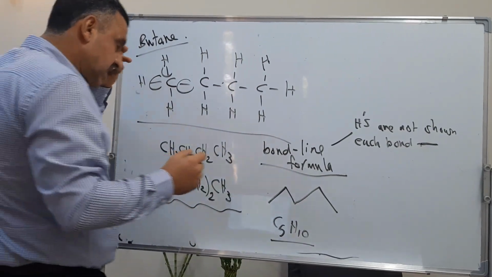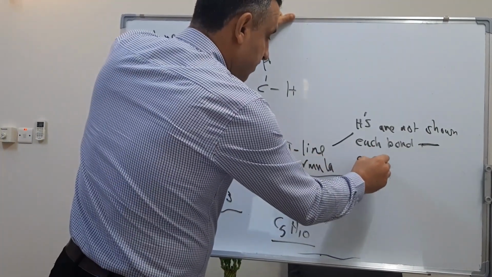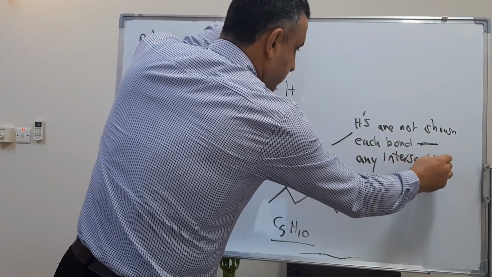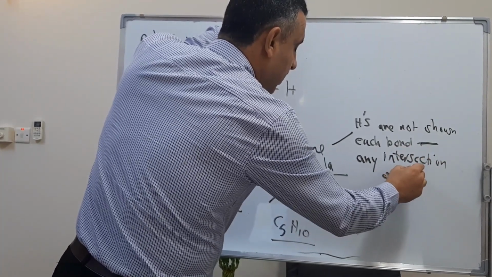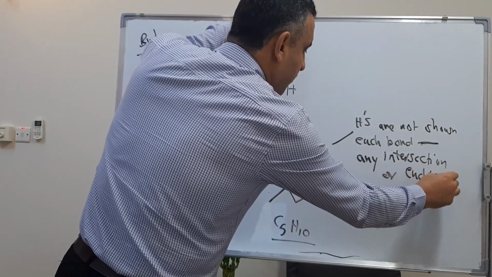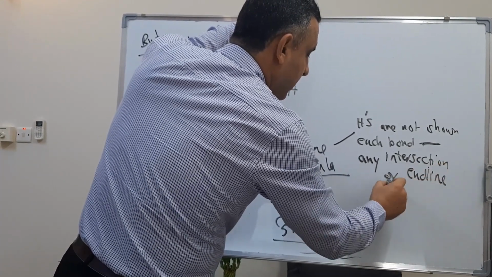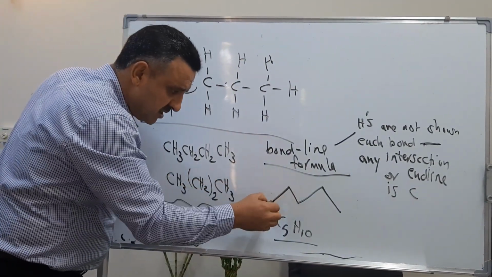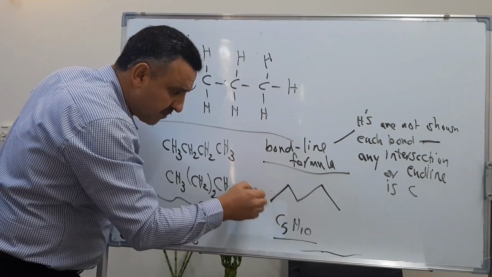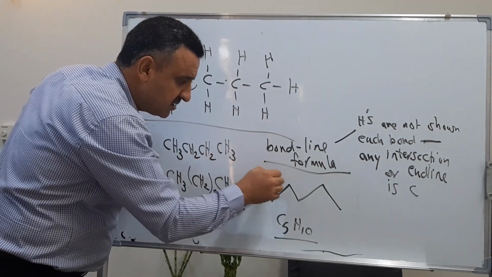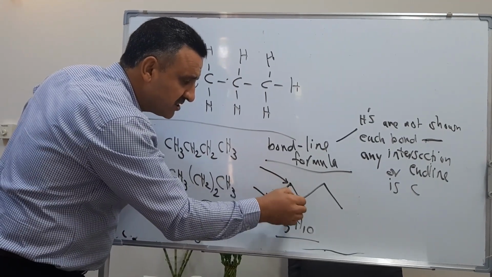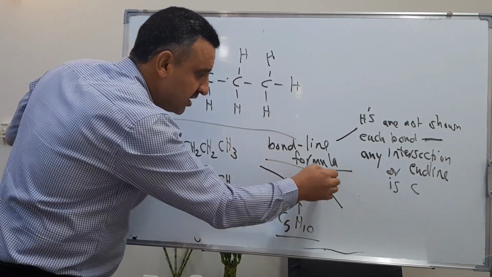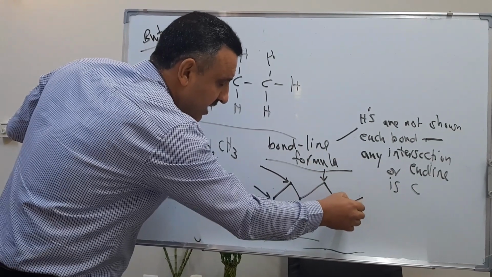And any intersection or end line is carbon. In other words, this is a carbon because this is the end line. This is again another carbon because it's the intersection of two lines. This is again another carbon, it's an intersection. Again another carbon, again another carbon.